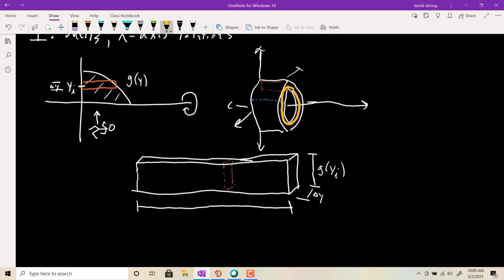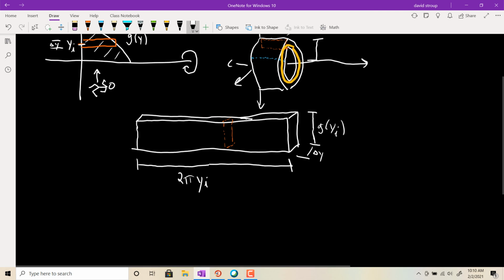We can get that by formulas from geometry for circumference. So we'll say that distance is 2 pi r. The radius in this case, where I already let the cat out of the bag, is the radius from the x-axis to the location of the rectangle. That's just the distance y sub i. So this would be 2 pi y sub i.